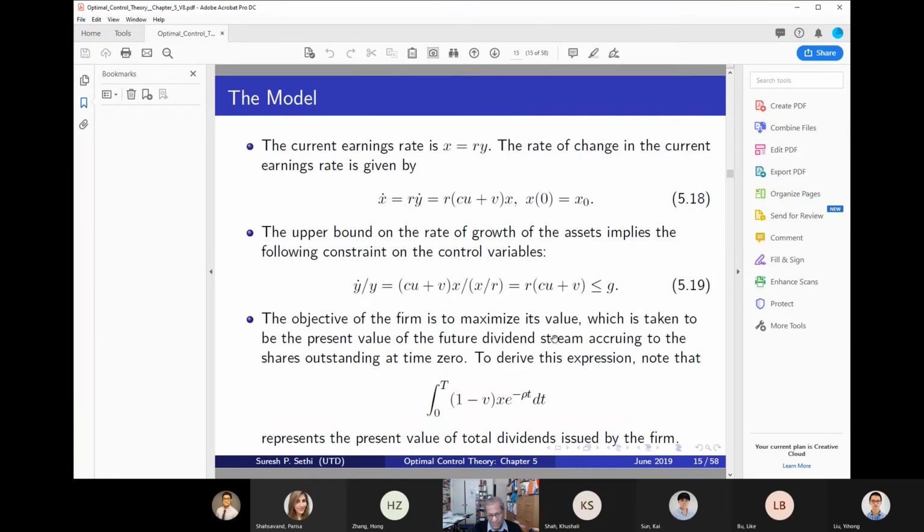But those are the initial stockholders. And sometime later, I also issue new equity. So if I'm bringing in new equity, those become owners of the company, not at time zero, but at some other time t.